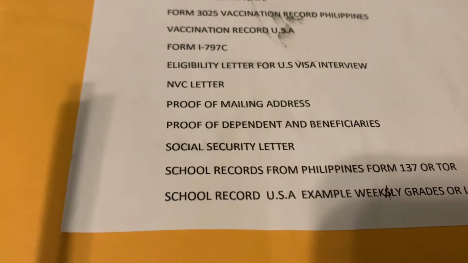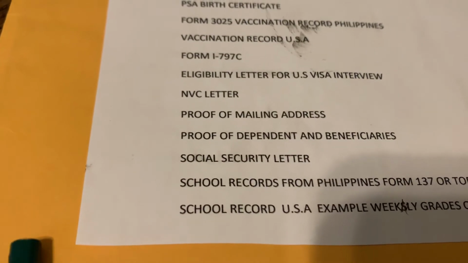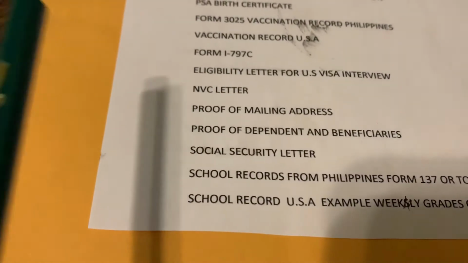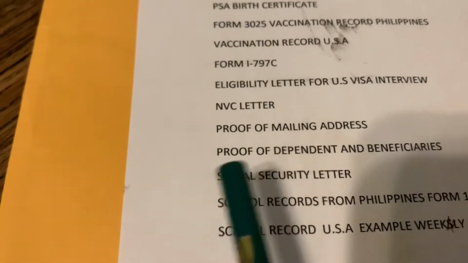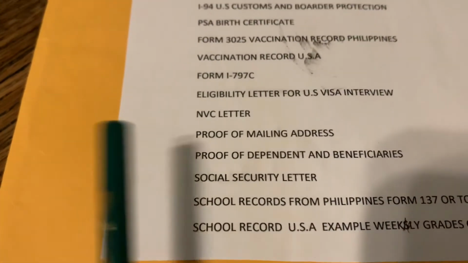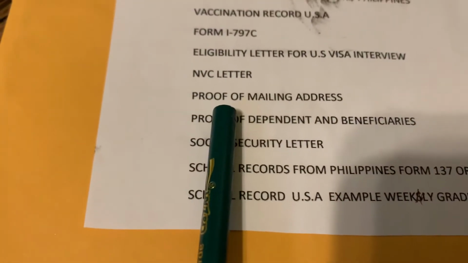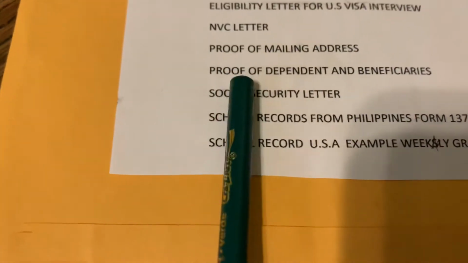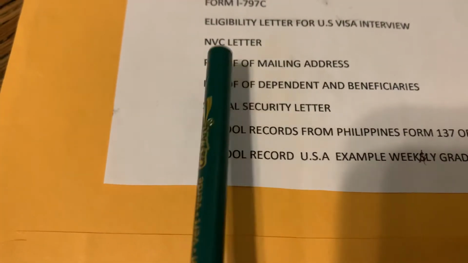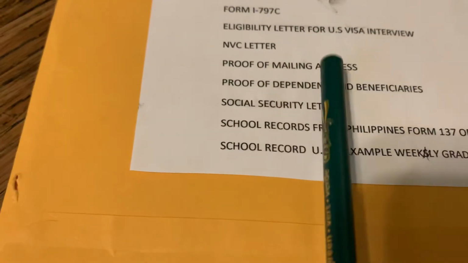Since the K1 needs to change the family name, we have to wait for the Department of Homeland Security to send us our social security. But for the K2, it's easy. They will give you the social security of the K2 after 2 weeks or less. So the proof of address will show there in the social security of your K2, under their name with your address here in the US. So you already have that proof of mailing address.